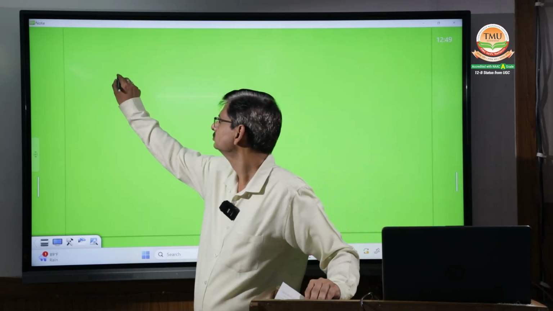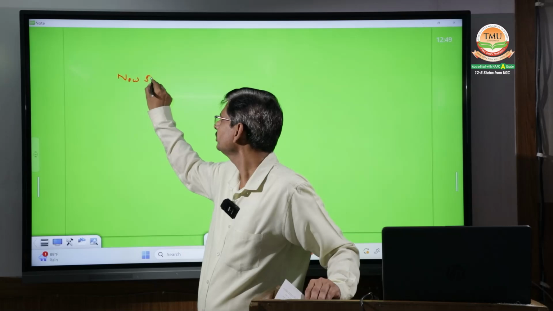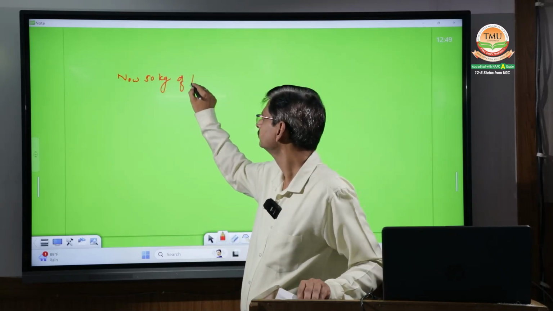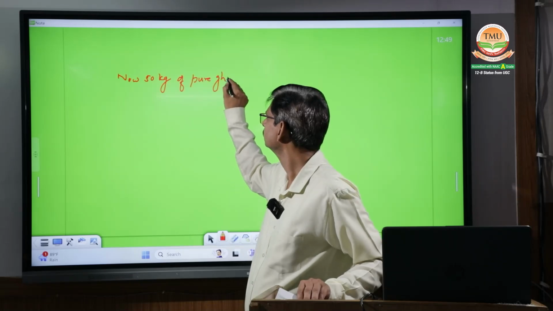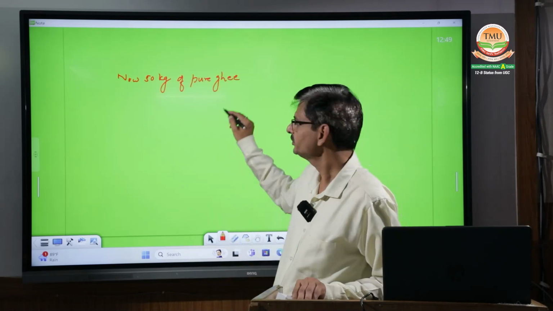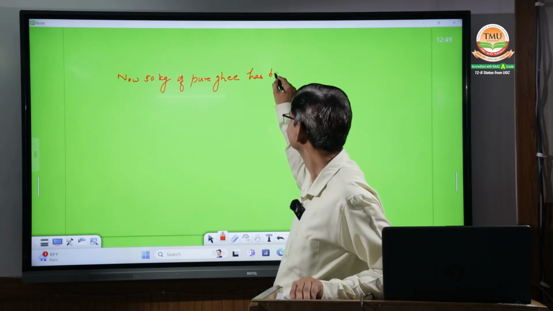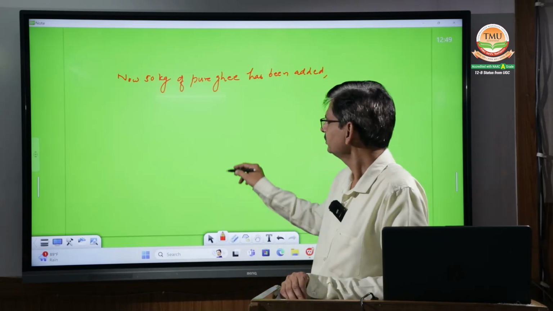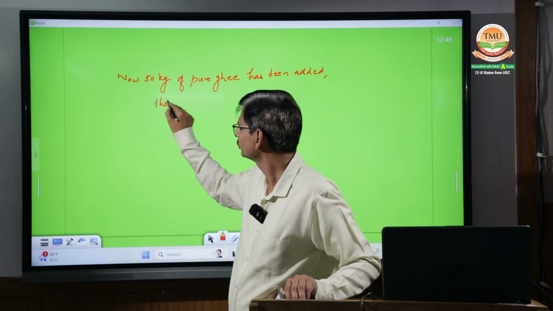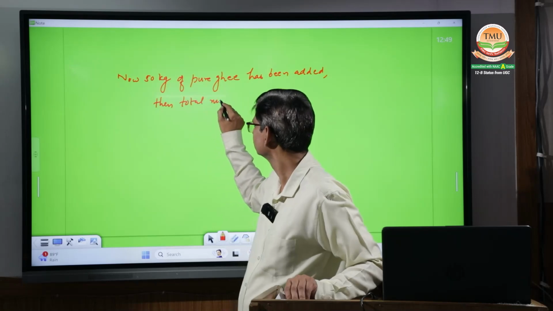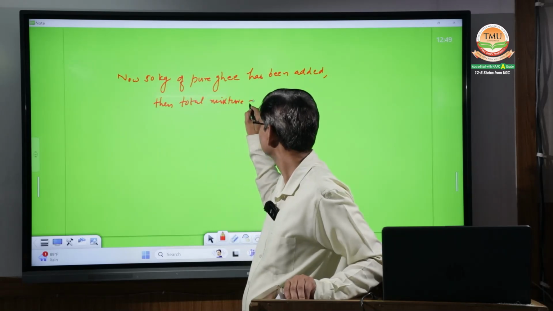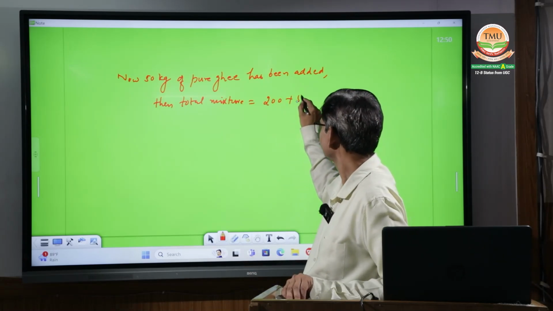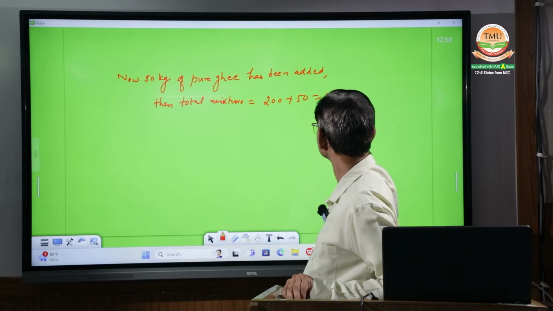Now 50 kg of pure ghee has been added. Then total mixture is 200 plus 50, that is 250 kg.